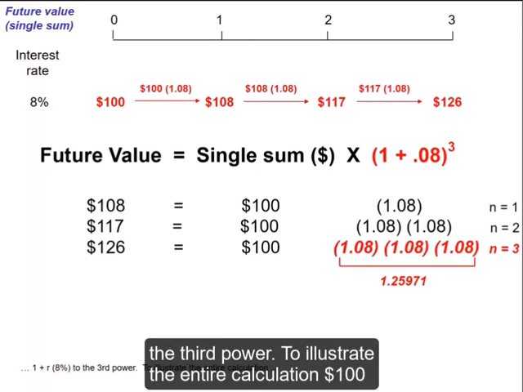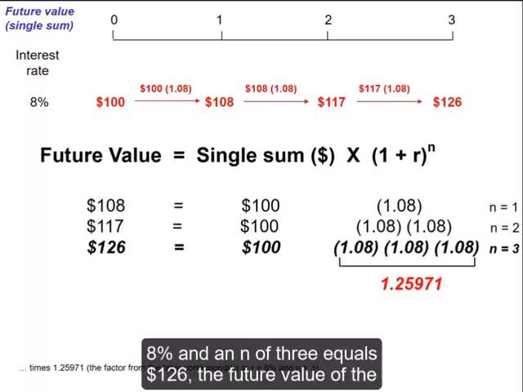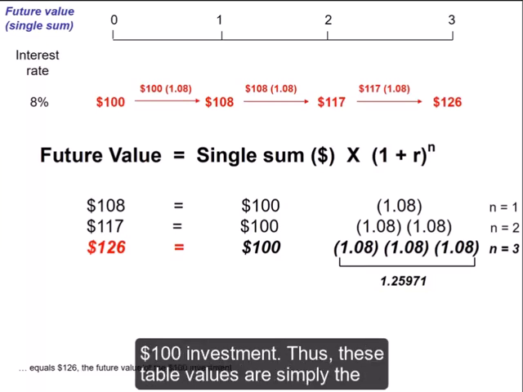To illustrate the entire calculation, $100 times 1.25971, the factor from the table corresponding to an r of 8% and an n of 3, equals $126, the future value of the $100 investment.